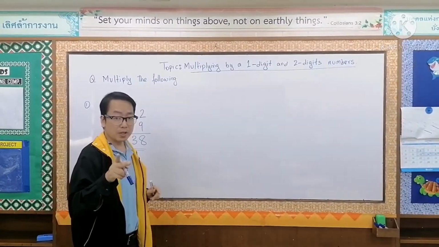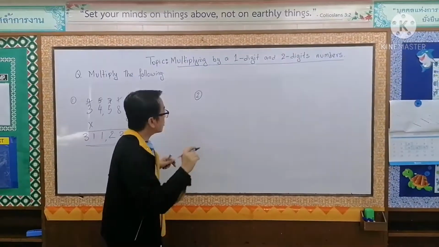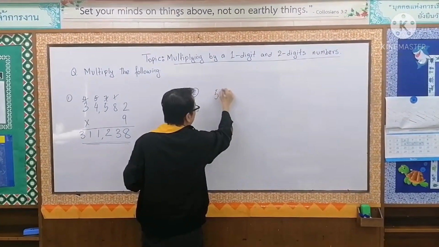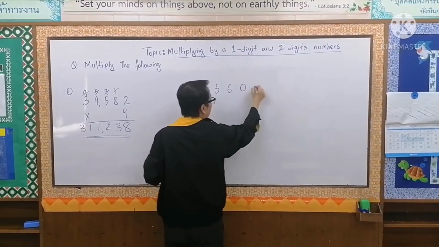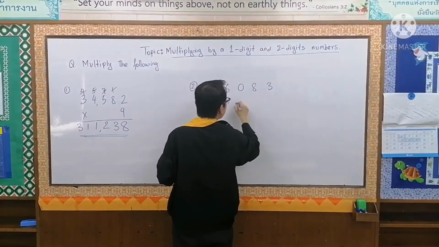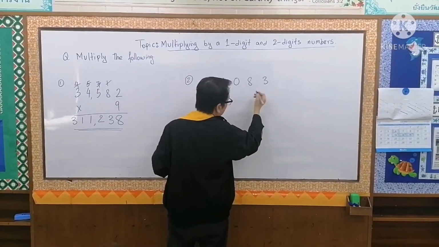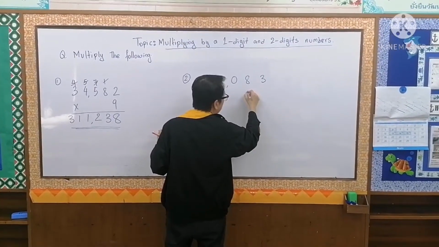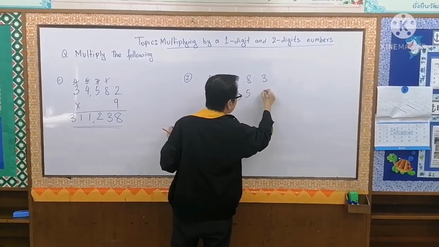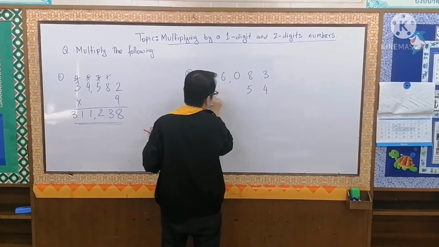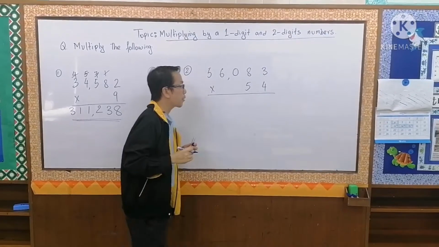Alright, we shall go back to multiplying again, but this time we're going to be multiplying numbers using two-digit numbers. So the question is 56,083 multiplied by two digits. Suppose we take 54.